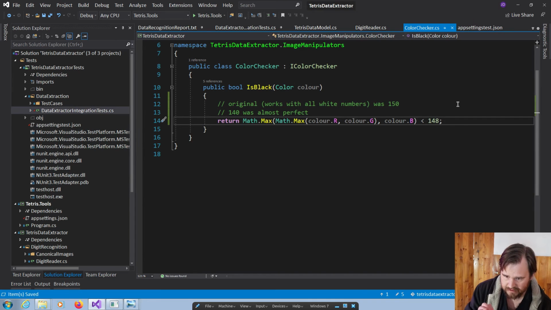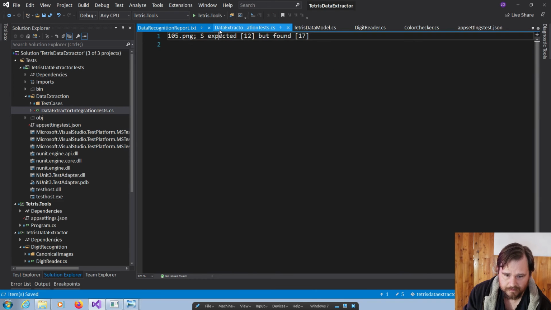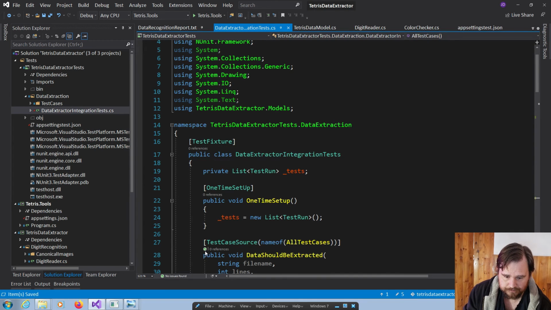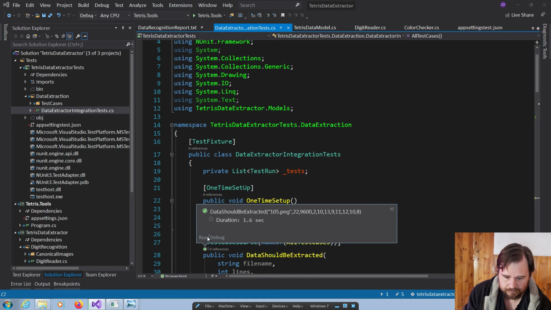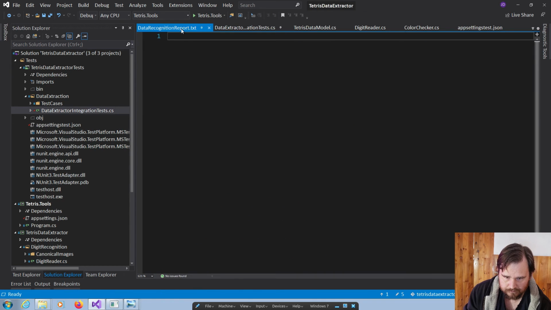This is so tricky here. 148 works for screenshot 105.